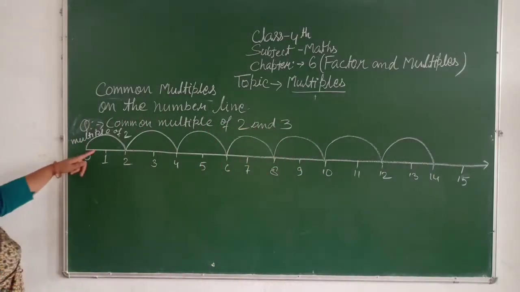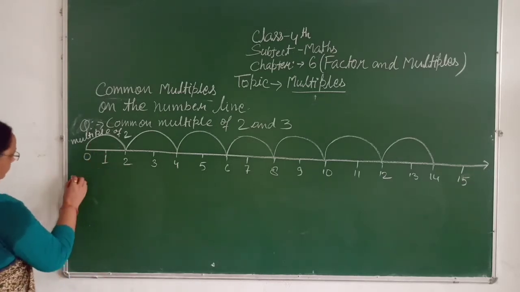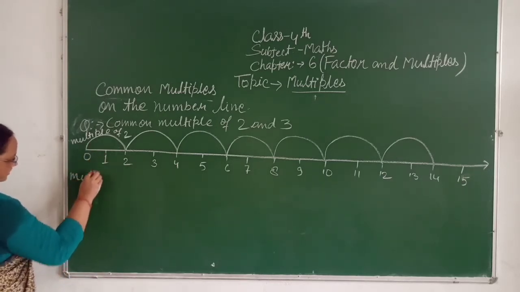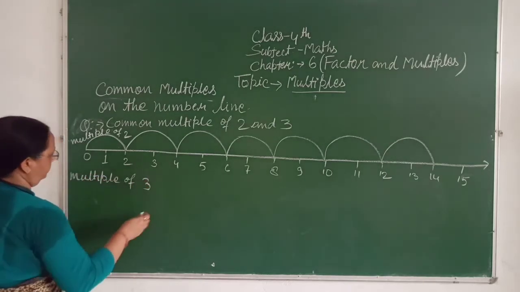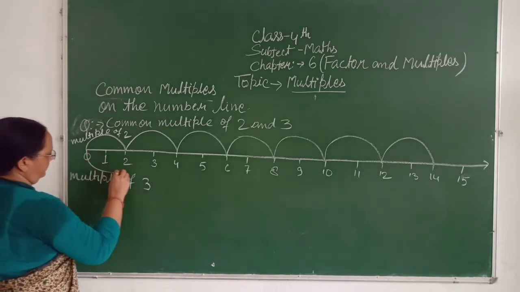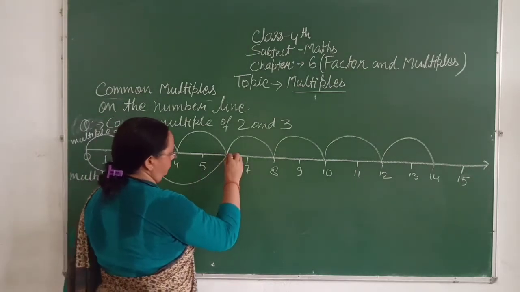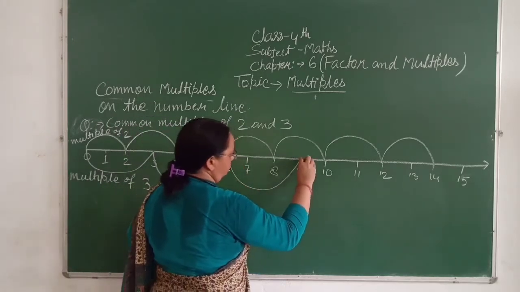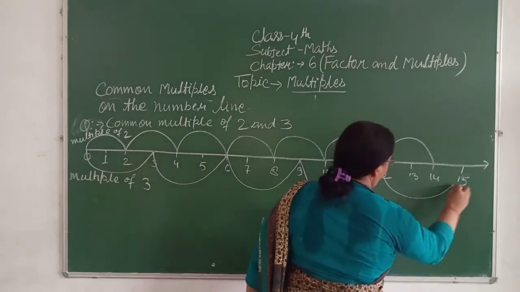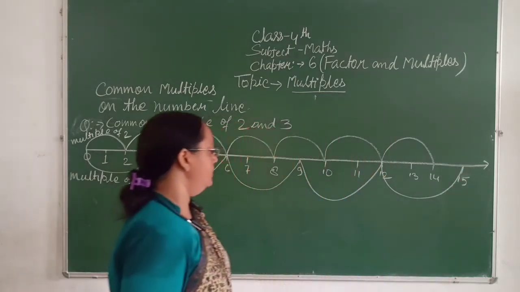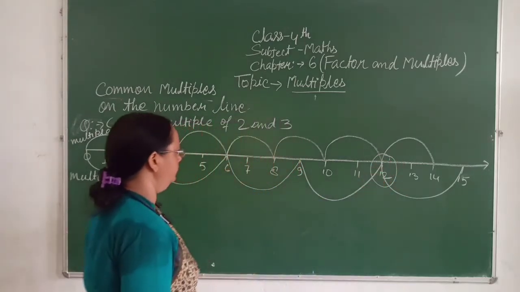And below the number line, we have to show multiples of 3. Multiples of 3: 3, 6, 9, 12, 15. Which one is common? Look here. 12 is common.